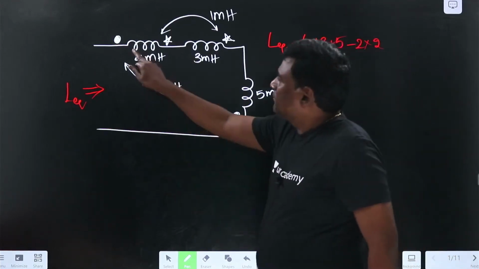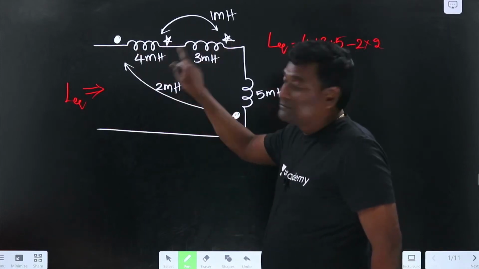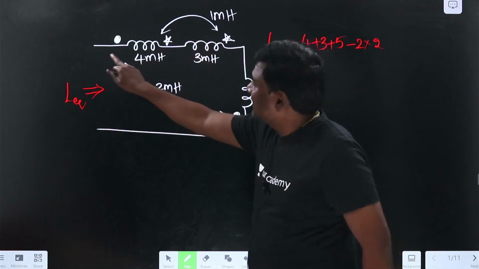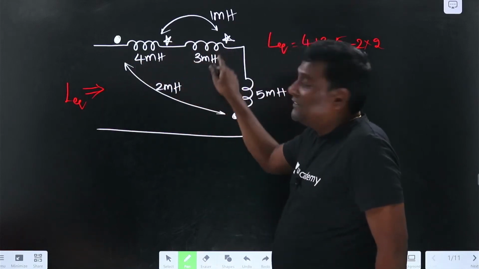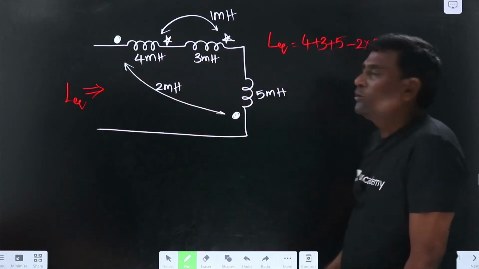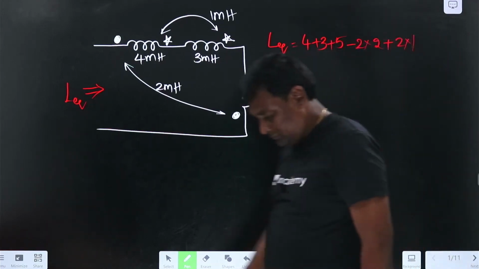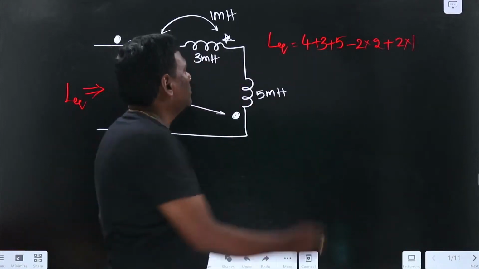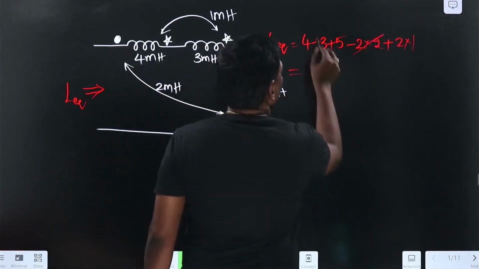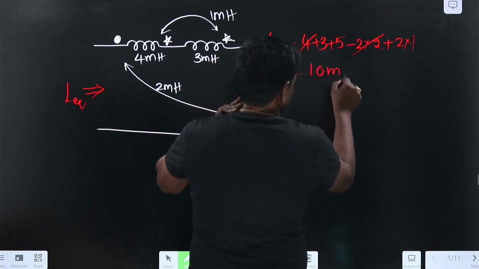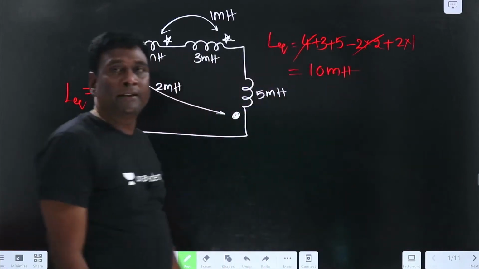And after that, here and here, is it going to be aiding or opposing? See here, current is leaving from the dot, so it is going to be aiding only. So aiding means plus 2 into 1. Okay, now how much is L equivalent? 4, 4, 3, 5, 8, 10. 10 millihenries.